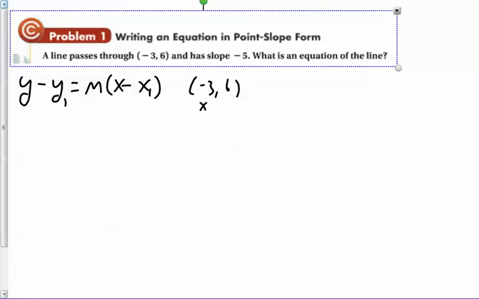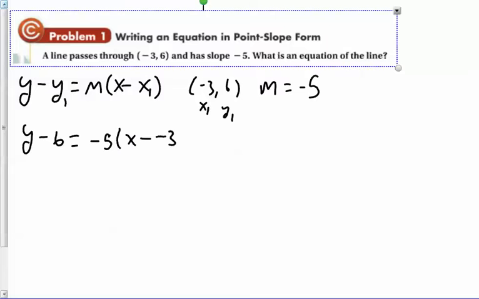There's your x1, there's your y1, and your m is the negative 5. So plug these things in. So y minus 6 equals negative 5 times x minus negative 3. You can write this out as y minus 6 equals negative 5 times x plus 3.